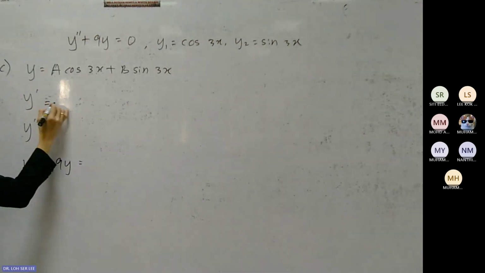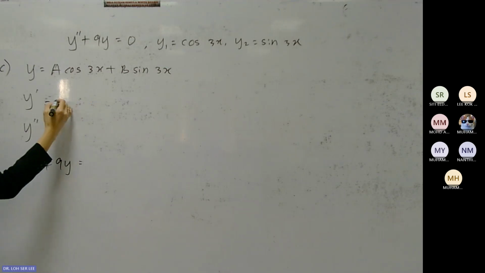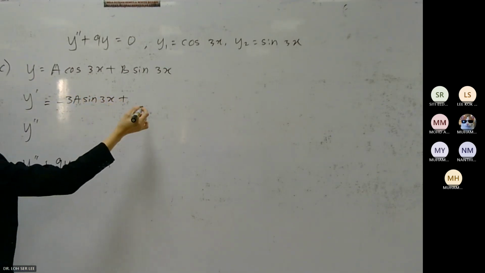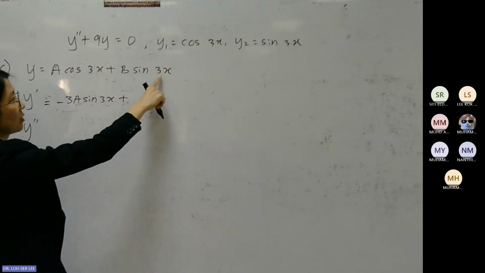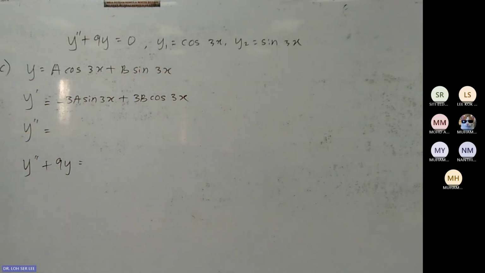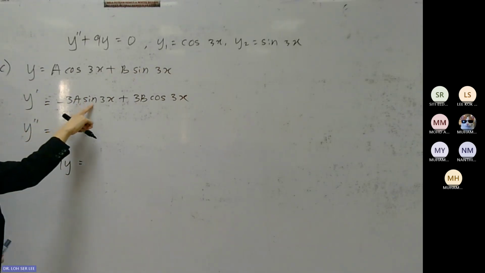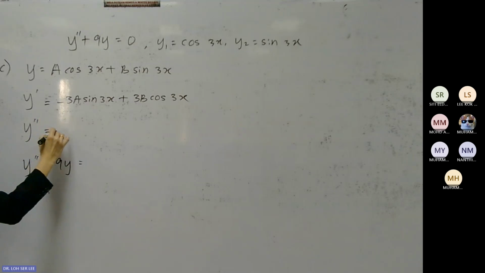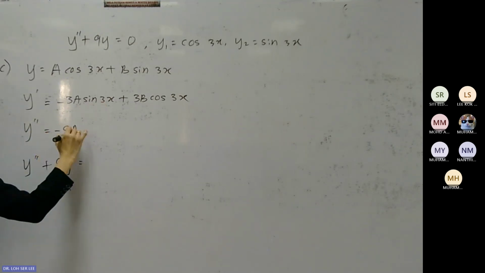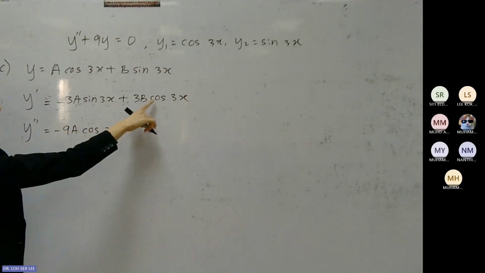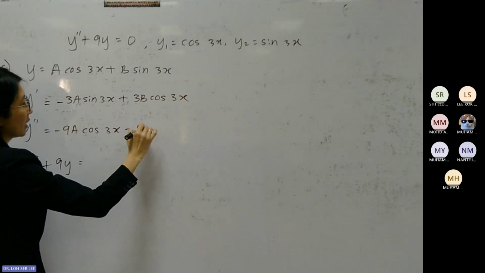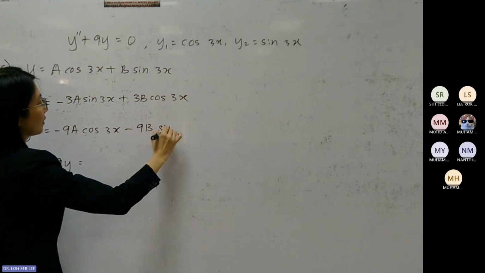The y prime: we get negative sign, so negative 3a sine 3x, plus for sine we get positive cos, so 3b cos 3x. Differentiate once again. Sine we get positive cos, but because we have a negative here, we still have negative, so negative 9a cos 3x. Differentiate cos, we get negative sine, so negative 9b sine 3x.